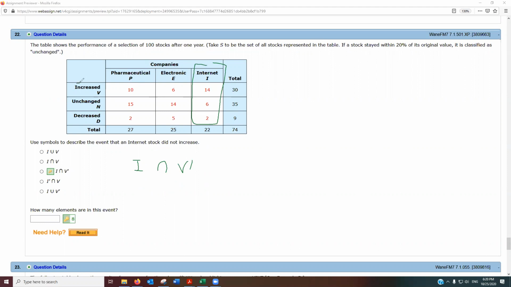I know this row is V, so V prime are the other rows. If it didn't increase, it either was unchanged or decreased. So I'm looking at the overlap between the rows I just circled in red and the column I just circled in green. Those are the number of stocks, 6 plus 2. So 8 stocks altogether is the answer.